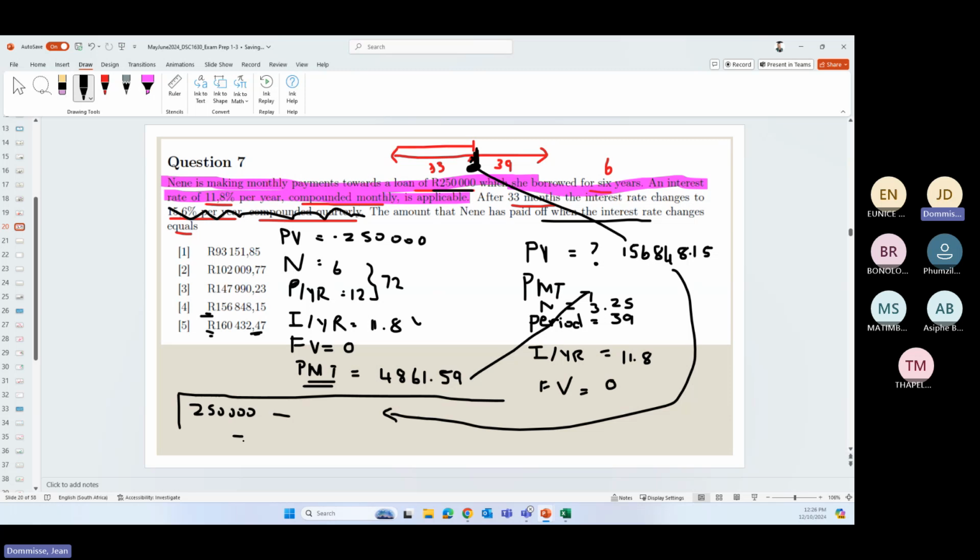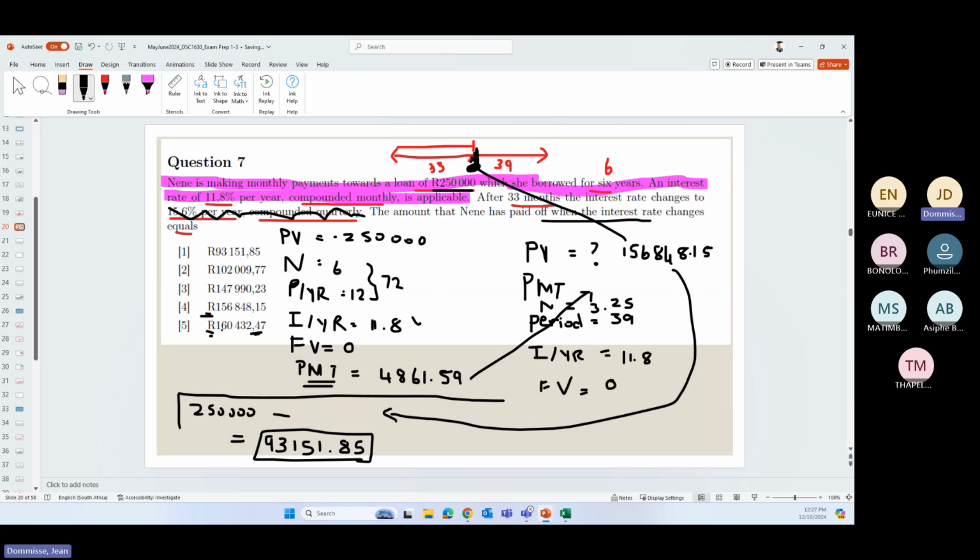And that would give us, hopefully, one of our answers, 93,151.85. And so that is the component of the loan that we actually have paid off. That times 33 gives us the 160,432.